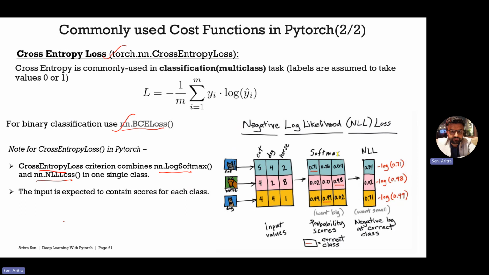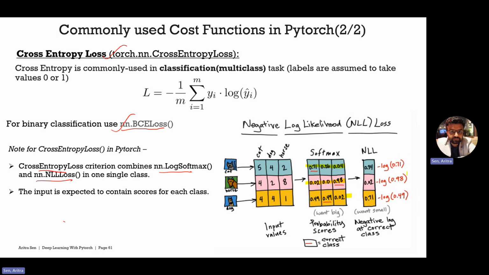Then we take a softmax of it. The softmax makes the distribution sum to 1, so if you sum across all these values, it equals 1. Similarly for the others. The underlined values are for the correct class. Here the value is 0.71.